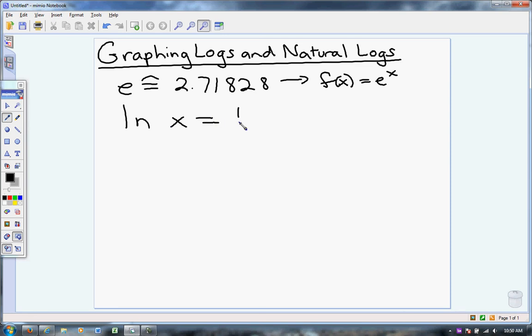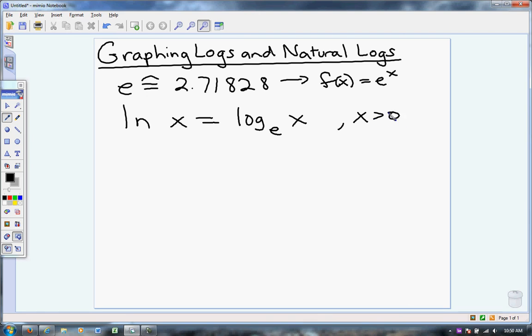And it is log base e of x. So when you see that ln button on your calculator, it's not log base 10, it's log base e, all right? And once again, it has to be greater than 0, okay?